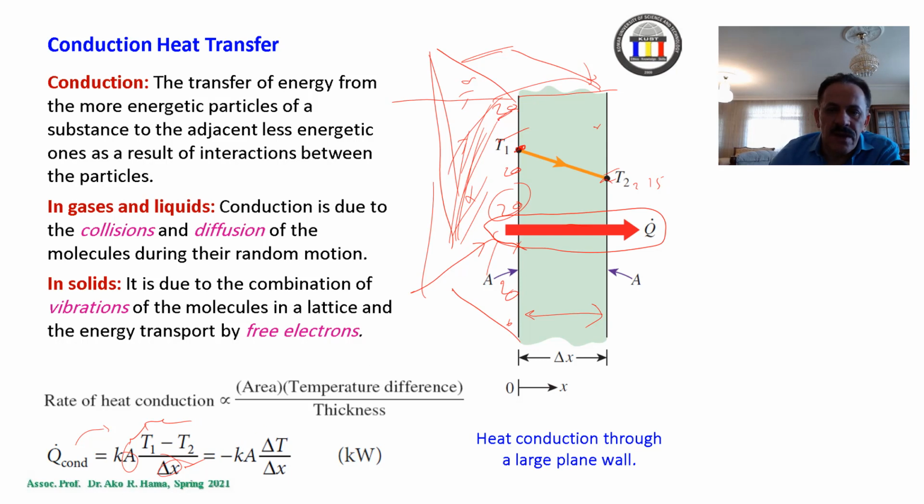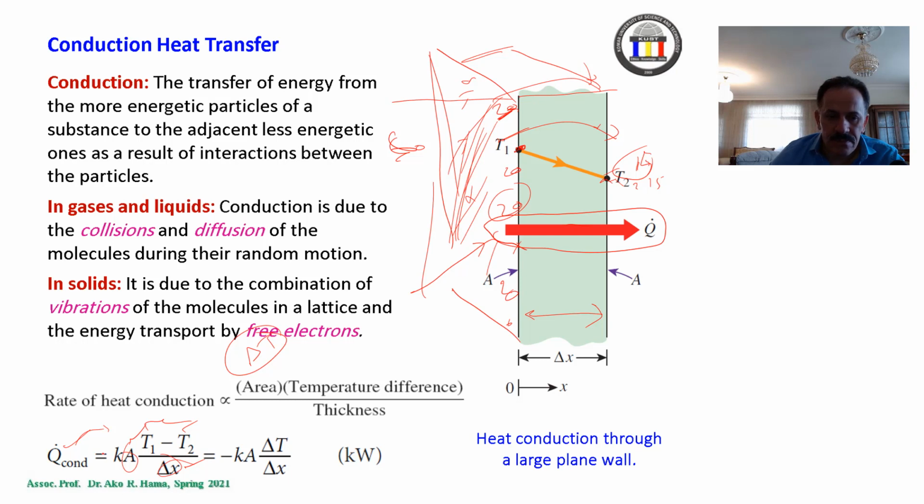If we have 20 here and 50 there, the change is a difference of 30 degrees Celsius. If there is 60 degrees here and 15 here, the rate of energy will be quicker. So if I have a larger delta T, the conduction heat transfer will be higher.